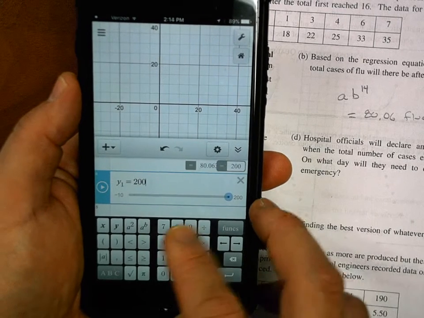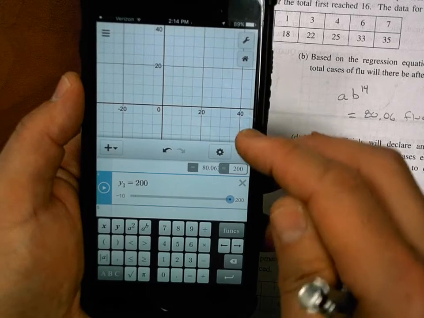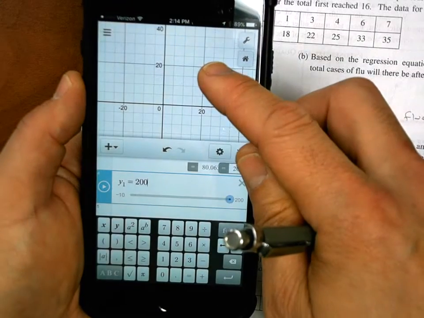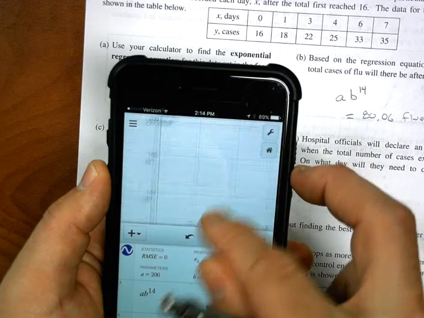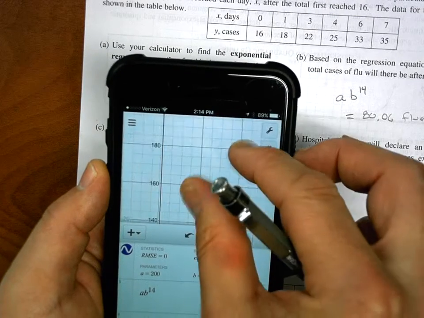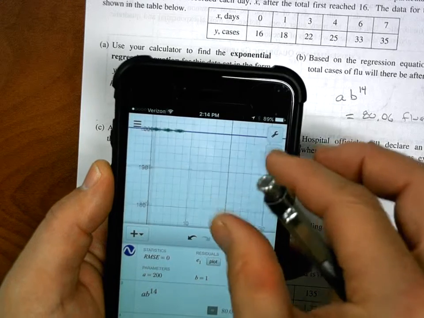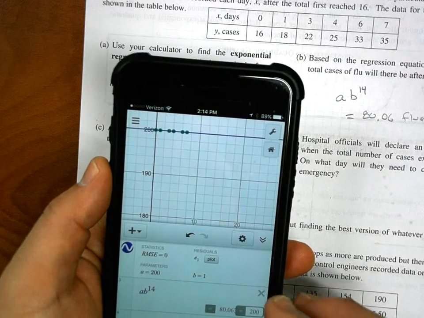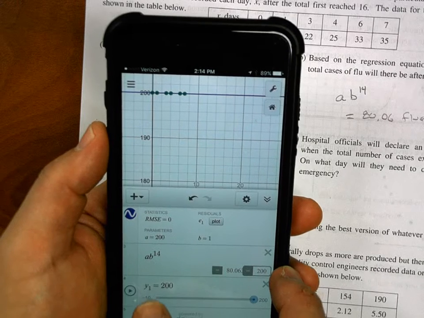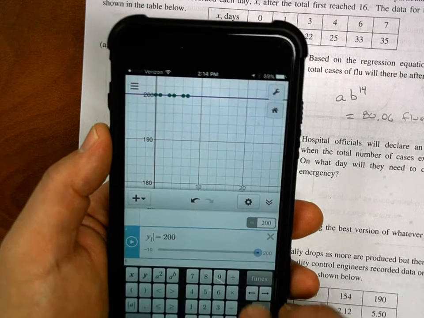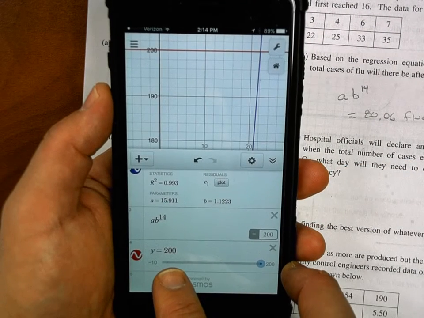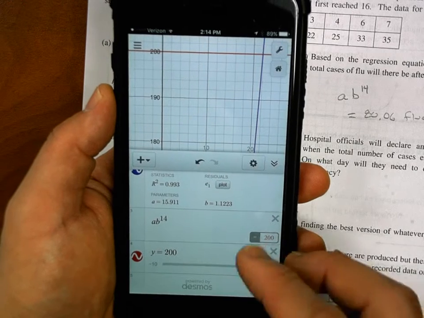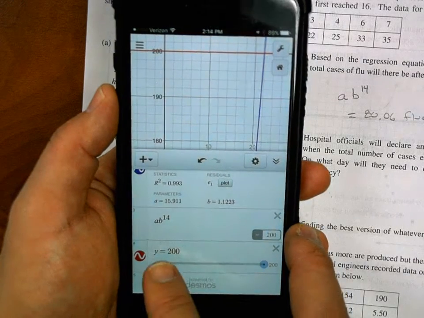Okay, so it didn't give me anything, but I'm going to go up on my graph, and I think I can just touch up there at 200. Let me just type in y instead of y1. Actually, y1 would be right on our graph, so let's type in y equals 200.